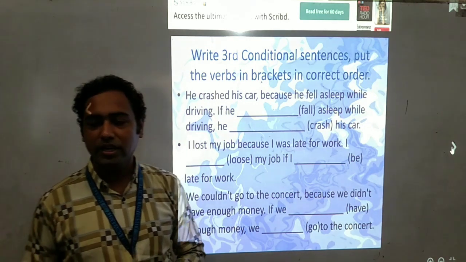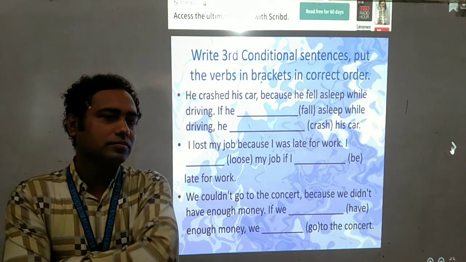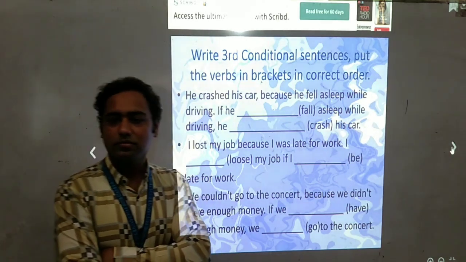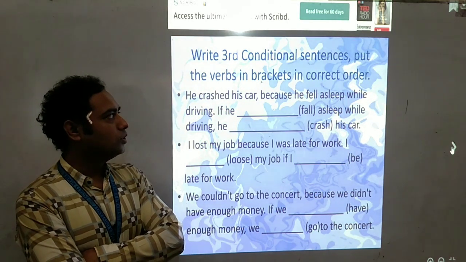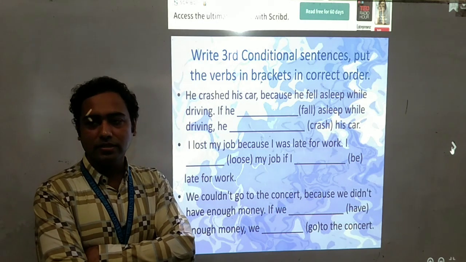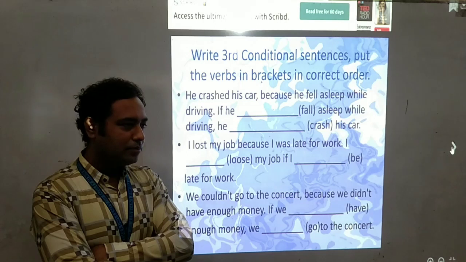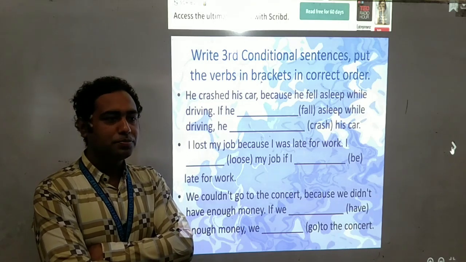Third condition. Make it. No, third condition will not take didn't. The formula is past perfect plus perfective. Past perfect plus perfective.